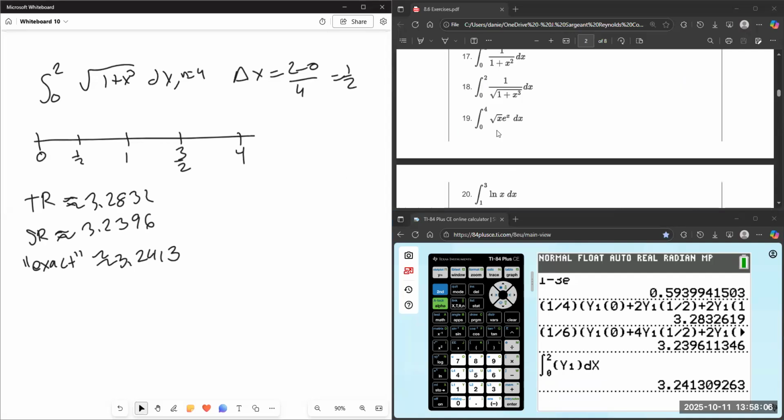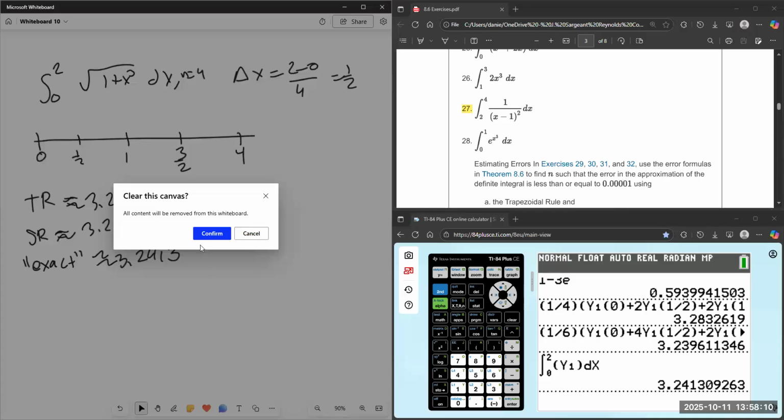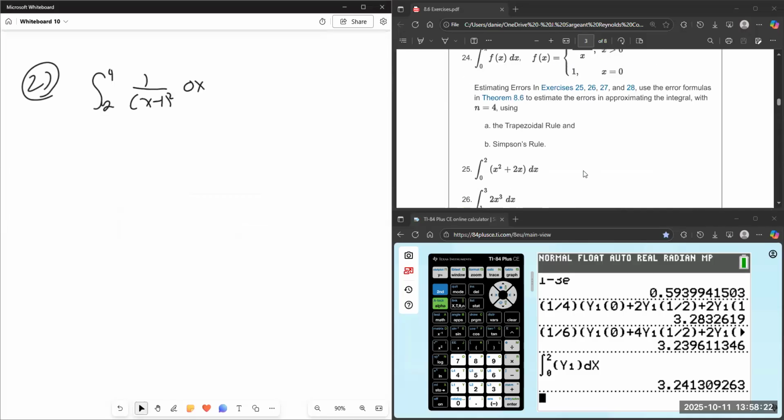Let's look at 27. 27 says 2 to 4, 1 over x minus 1 squared dx, and we want to find, for n equals 4, these approximations.